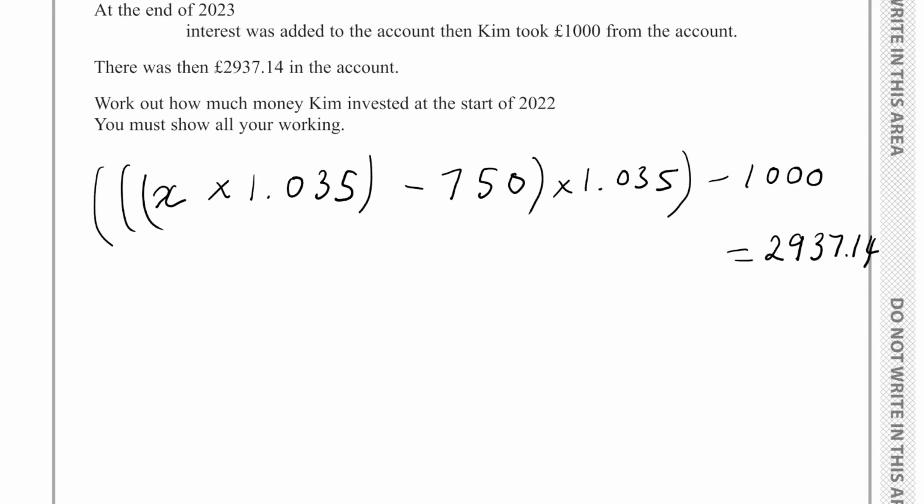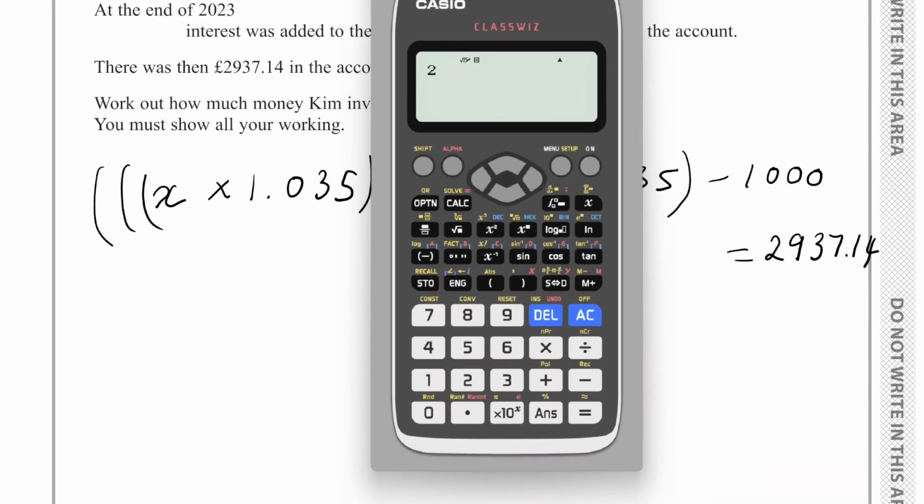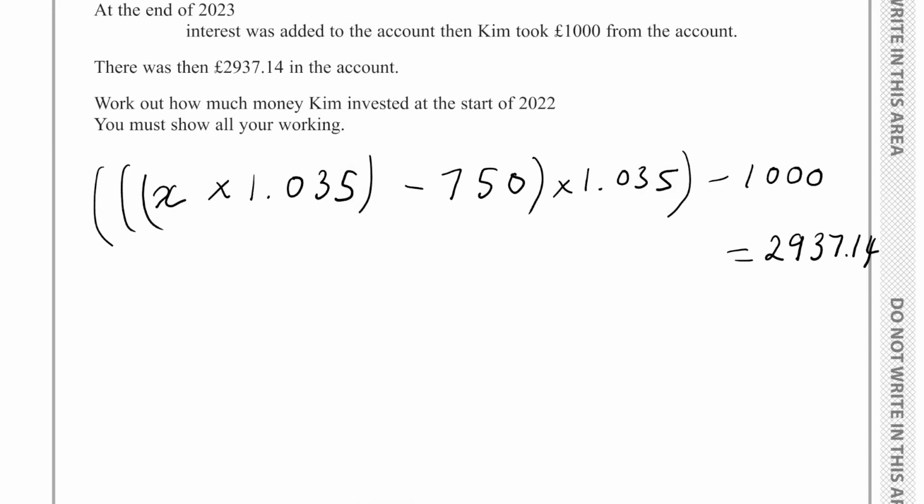So let's start by adding on this 1,000, so we can get rid of that. £2,937.14 plus on the 1,000 is £3,937.14.